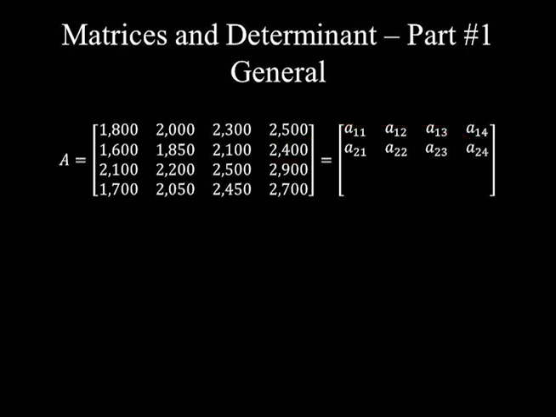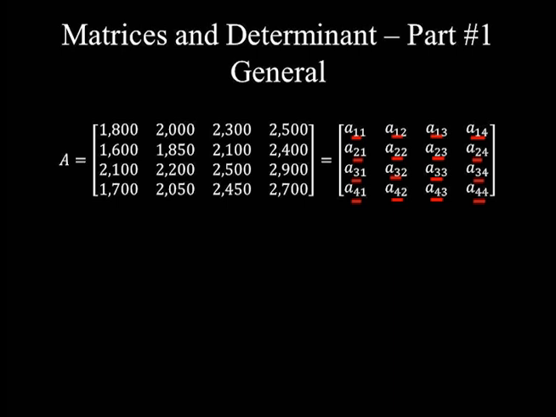By the same token, row 3 elements are denoted as a sub 31 for row 3 and column 1 position, a sub 32 for row 3 and column 2 position, a sub 33 for row 3 and column 3 position, a sub 34 for row 3 and column 4 position. At last, row 4 elements are denoted as a sub 41, a sub 42, a sub 43, and a sub 44. As we go from left to right across a row, we find a similar first subscript because we don't change the row, rather we move from one column to the next column in the same row.